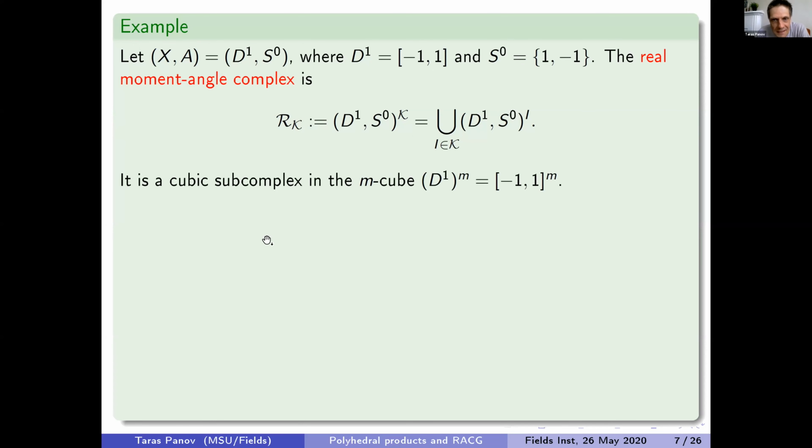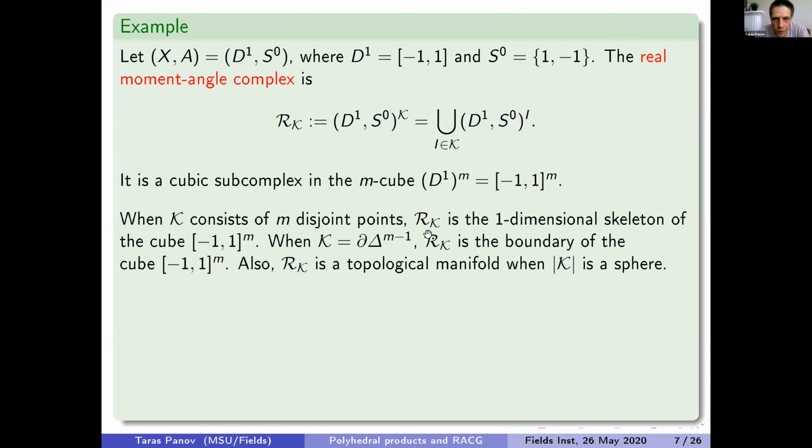It's a cubic subcomplex in the M-dimensional cube, and it is a manifold. Again, if K is disjoint points, it's the one-dimensional skeleton of the cube. If K is the boundary of the simplex, it's just the boundary of the cube. And what is more important, if you start with a triangulated sphere, like the boundary of a simplicial polytope, then you get a topological manifold, which is a very good feature of this space, and adds breadth in geometry to all those constructions.